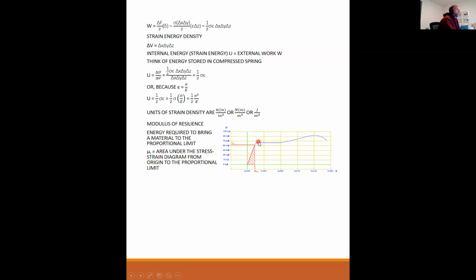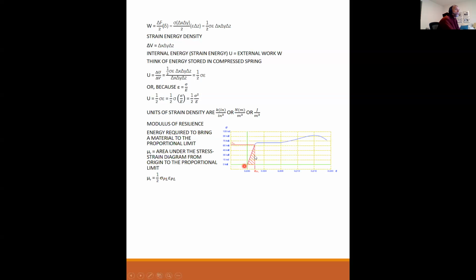It is equal to the area under the elastic portion of the stress strain diagram. Because this is a straight line, that makes this a triangle, and we know the height of the triangle is the stress at the proportional limit, and the base of the triangle is the strain at the proportional limit, then we can come up with an equation that describes this area.